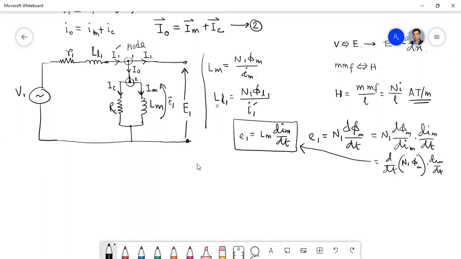So can you tell me what is the difference? Sir, small i1 are the instantaneous values, whereas the capital letters are either the RMS values or the vector values.